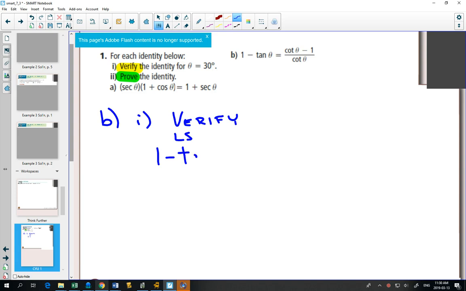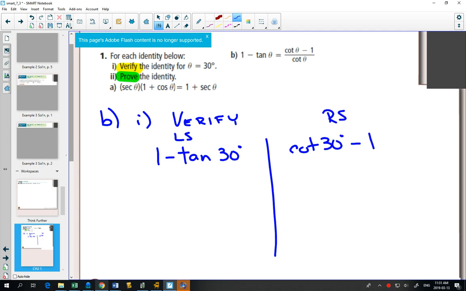Left side. Tan of 30 degrees is root 3 over 3.